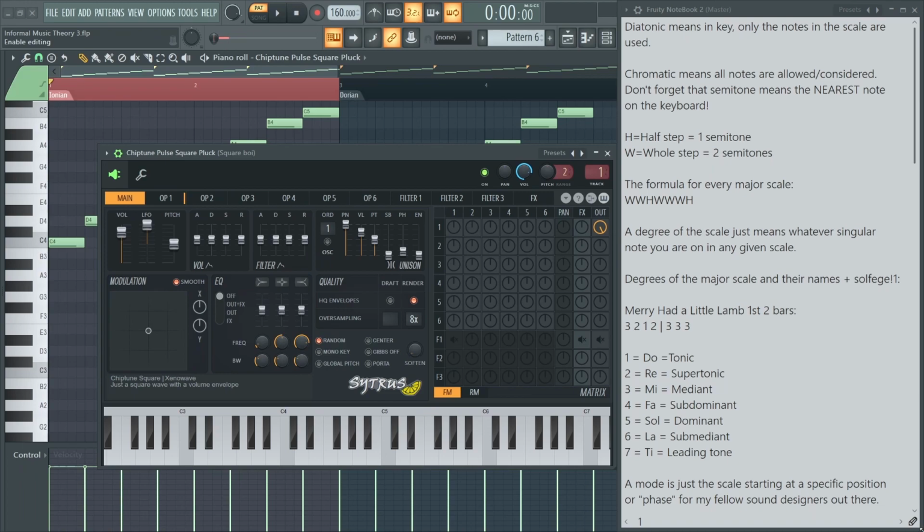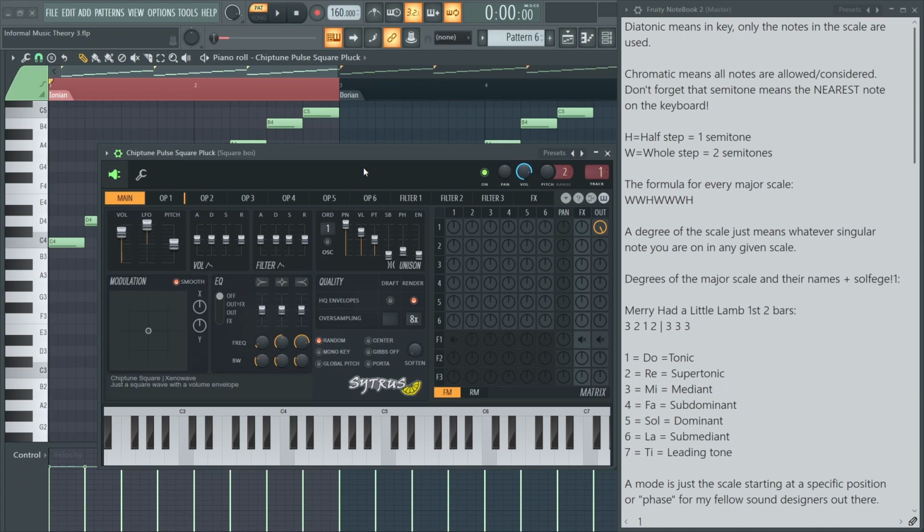Another important thing to note is the idea of intervals in a key, also known as diatonic intervals. If you remember in the last video, we said things like minor second or major seventh, minor seventh. They still apply to scales, but basically a shorthand way of describing intervals is to just keep it diatonic.